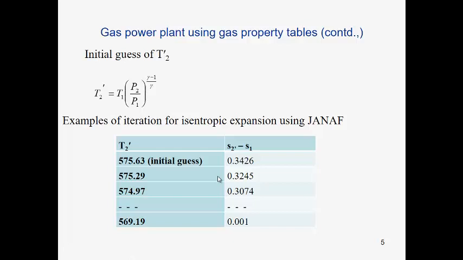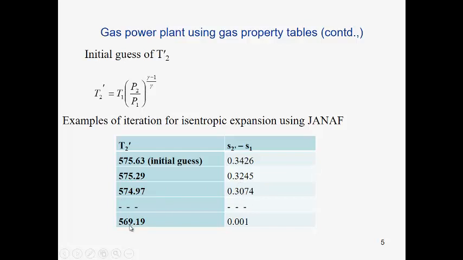In basic thermodynamics this delta S is equal to 0, but using the gas tables, the delta S is not equal to 0 because this is an improved methodology. So this temperature can be iterated till getting delta S equal to 0. The temperature is changed to 575.29. It is slightly decreased, and still it is decreased at this temperature.